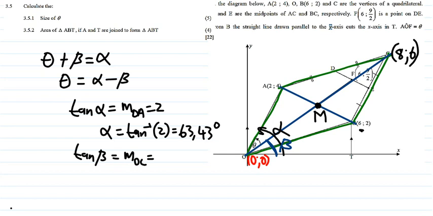So the gradient is 6 over 8, which we can simplify. Now, what is beta? Again, we're going to move for arctan of the gradient. What do you get for beta?